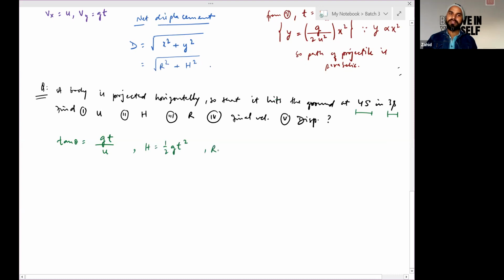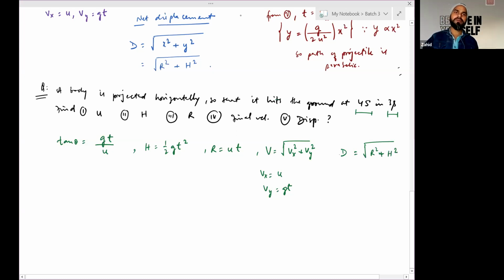To find range, it will be u times t. To find final velocity, it will be root of vx squared plus vy squared, in which vx equals u and vy equals g into t. And to get net displacement, it will be root of R squared plus H squared. Just use these formulas and try to find.